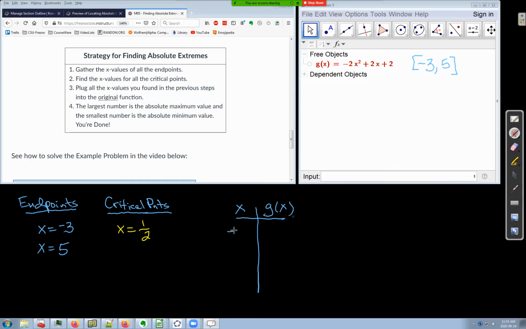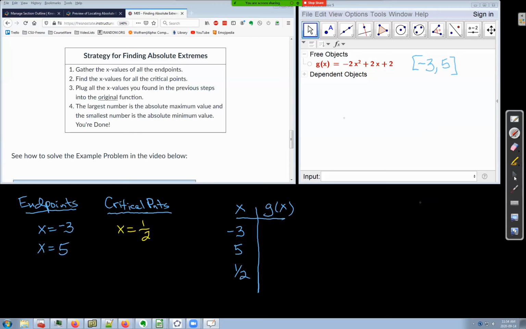I'm going to put -3 in, 5 in, and 1/2 in. I'm going to use GeoGebra to do this, because I don't want to make a mistake, and I wanted to show you that you can use GeoGebra to do this.